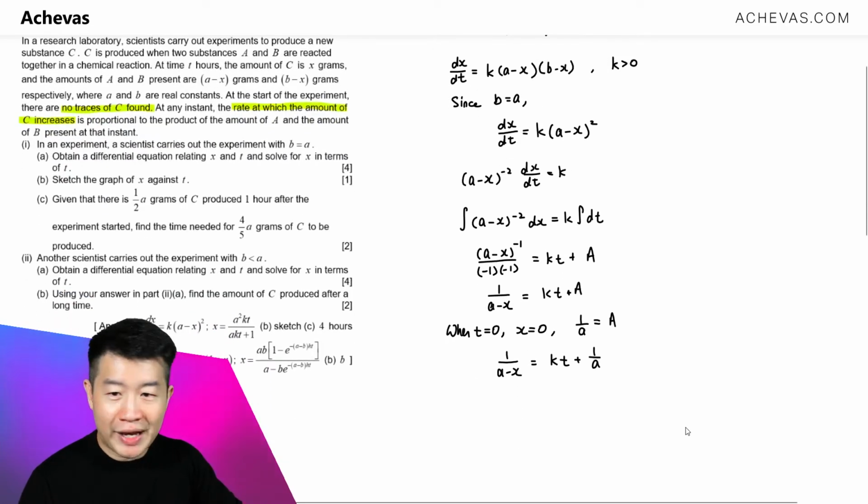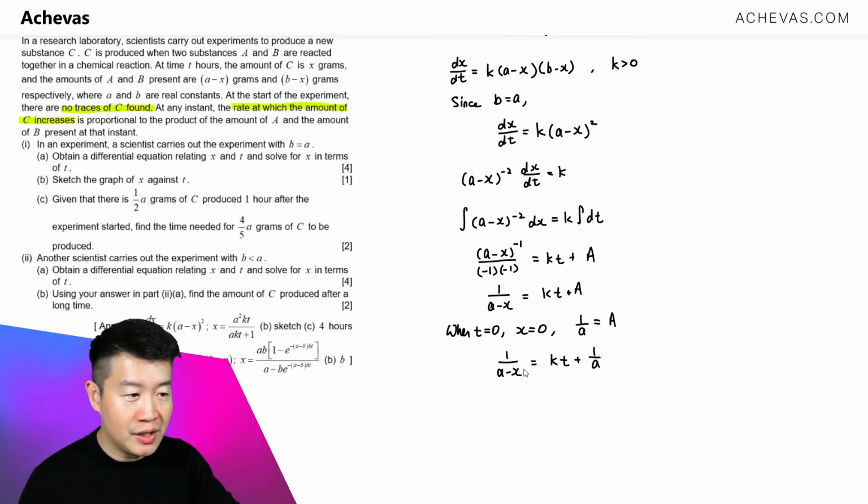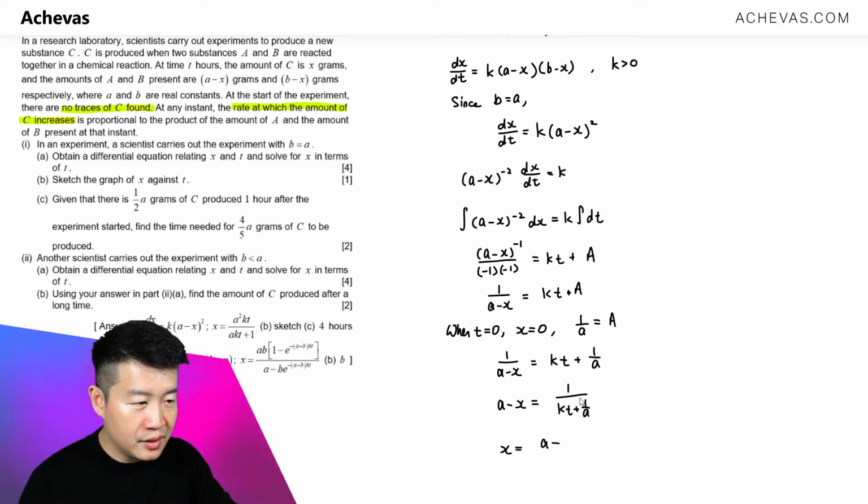And now let's try to express X in terms of T. So (A minus X) is equal to 1 over (kt plus 1 over A). Making X the subject, X is going to be equal to A minus this.